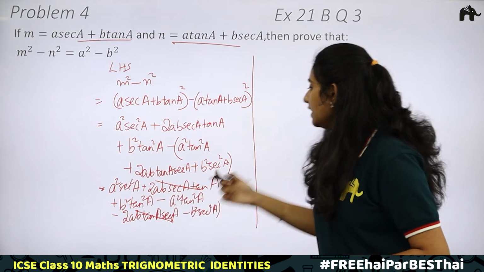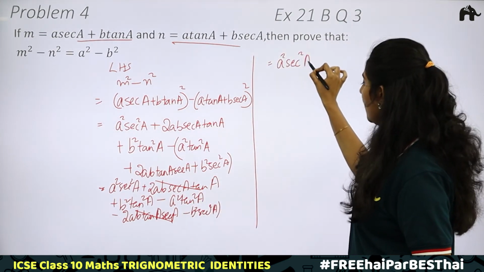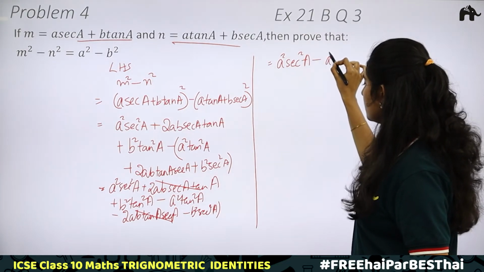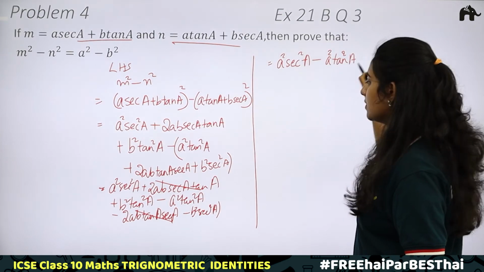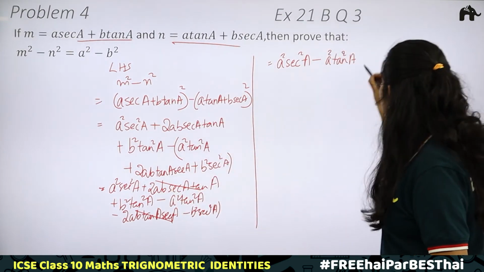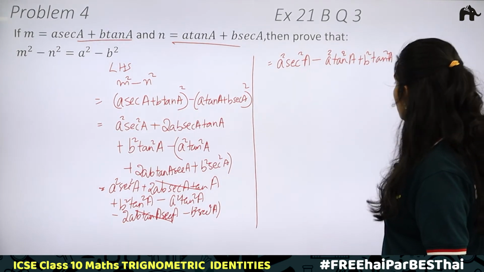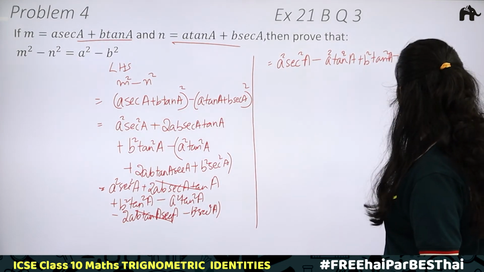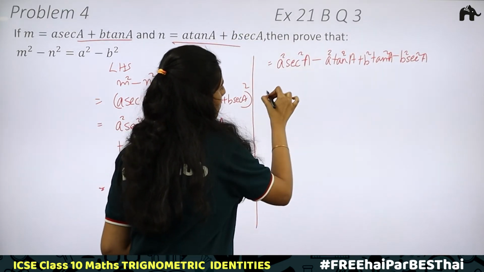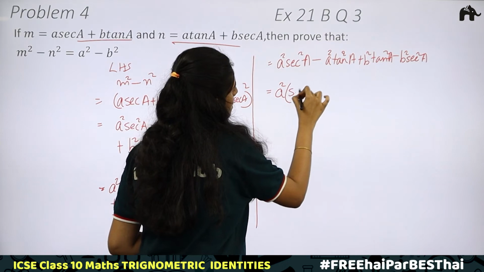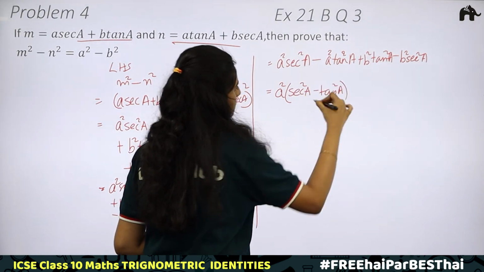Now the a square containing terms, we have a square sec square A minus a square tan square A. Now the b containing terms, plus b square tan square A minus b square sec square A. From this a square can be taken out: a square into (sec square A minus tan square A).